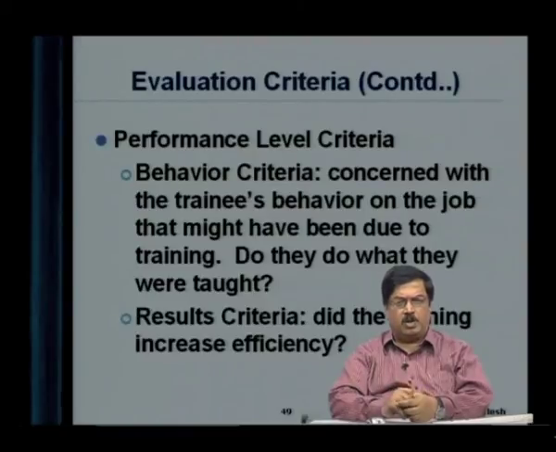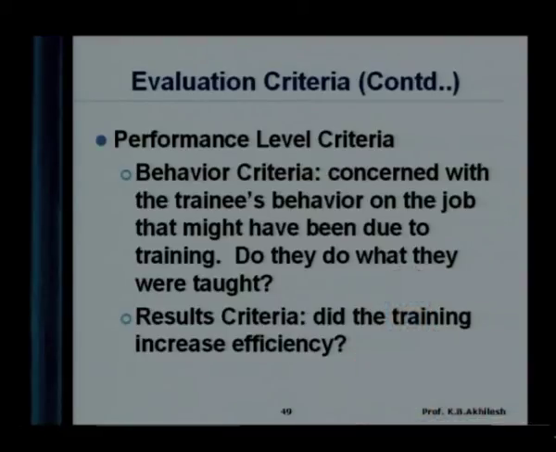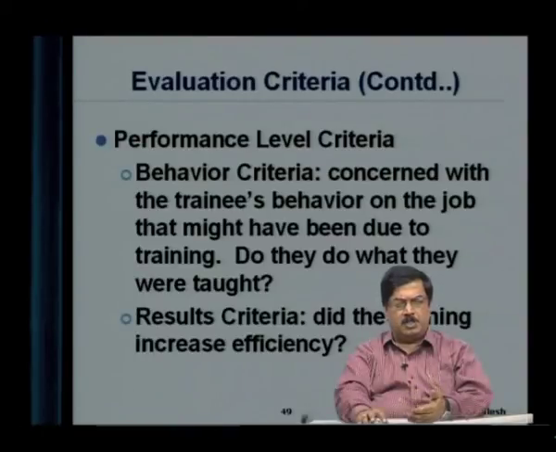So do they do what they were taught, and also results criteria: did the training increase efficiency. One can see whether there are changes in performance, in terms of behavior as well as in terms of the actual deliverables.